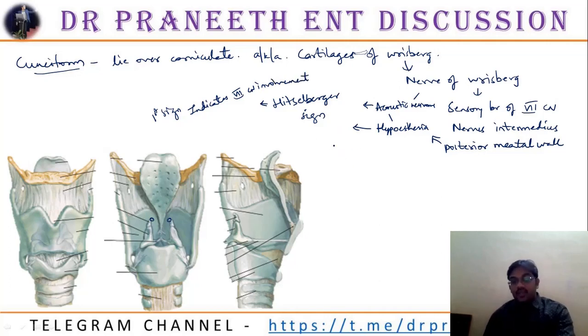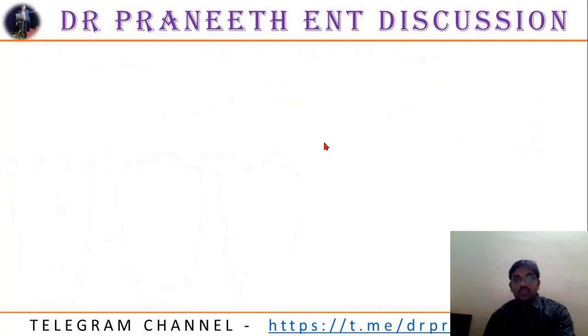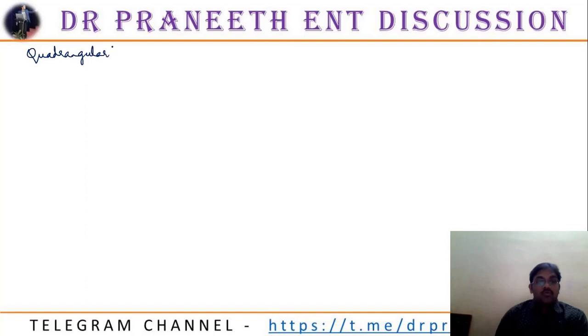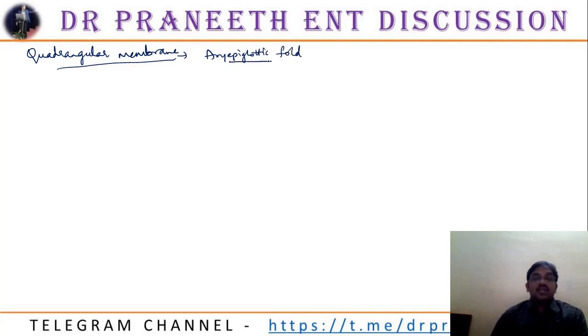Now coming to the next topic, that is your quadrangular membrane, also called the pre-epiglottic fold. Why is it called the pre-epiglottic fold? It covers the epiglottis anteriorly and the arytenoids posteriorly, as well as it lies on all four sides. That is why it is the quadrangular membrane.